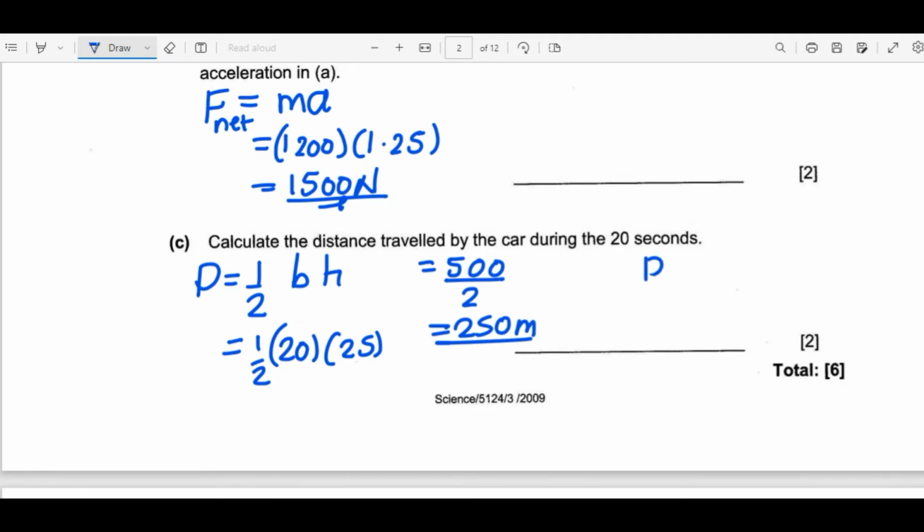If you want, we can say distance is L times B over 2. Our L is 25, then our B is 20, over 2. We can still get the same final answer.